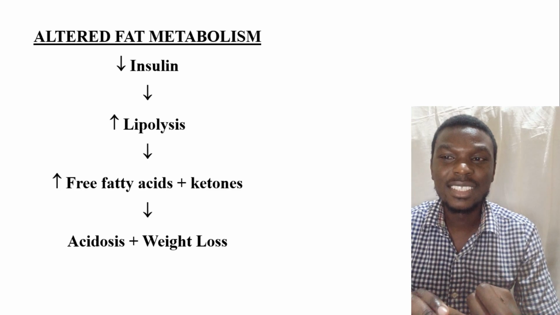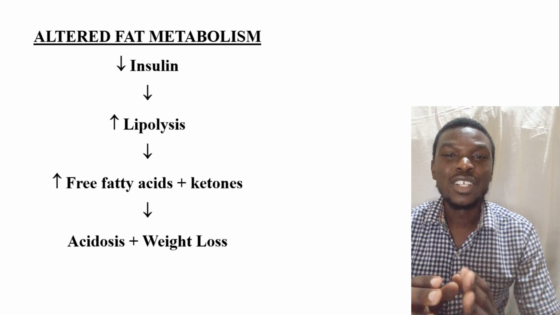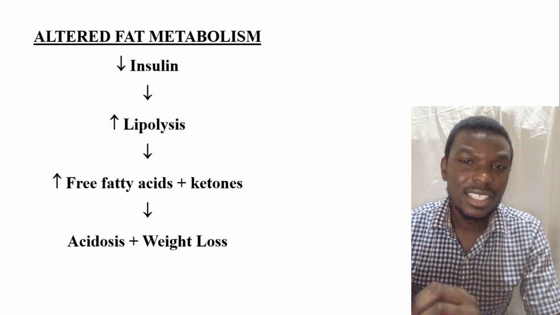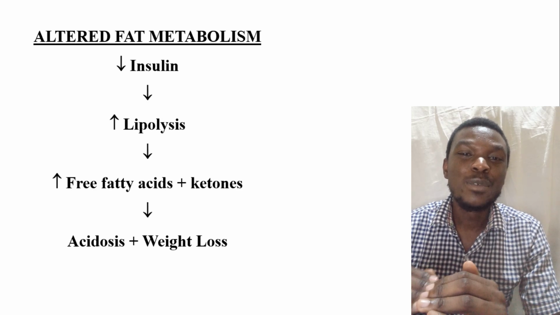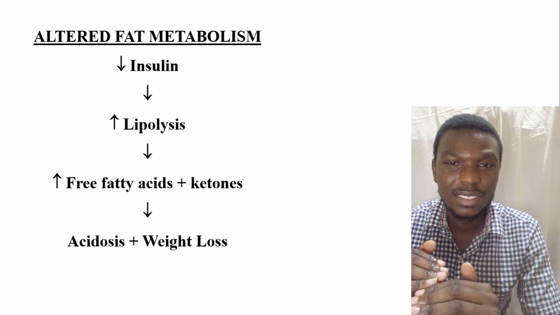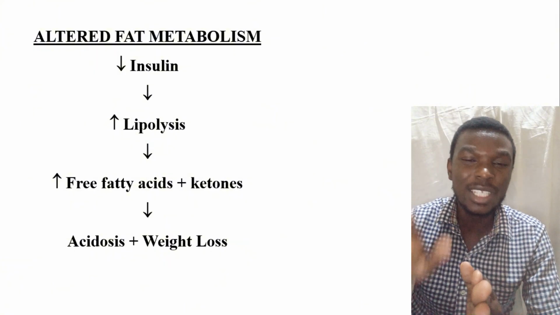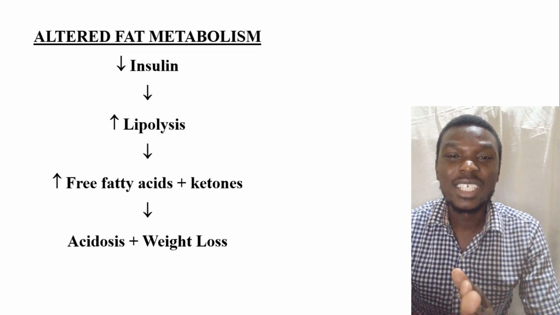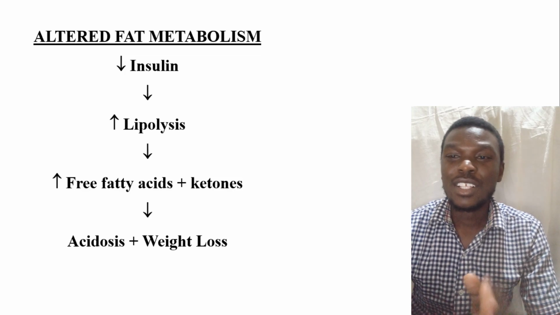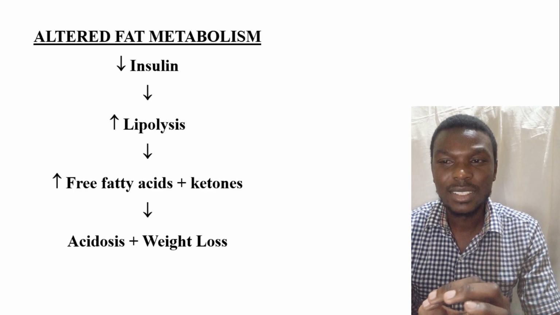So fatty acids and ketones will also be produced in order to be used to produce energy or to increase the presumed low glucose levels in the blood. So in short, the body is operating under low glucose levels. Meanwhile, there is enough. So this will trigger acidosis and lot waste.